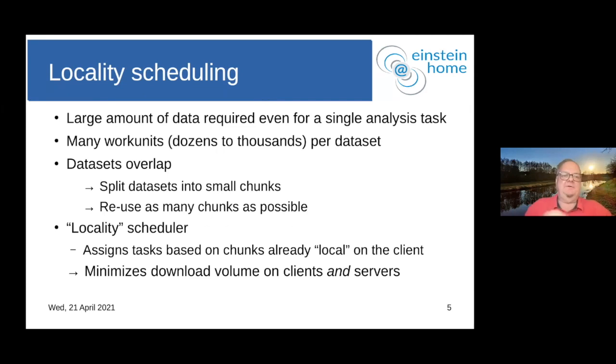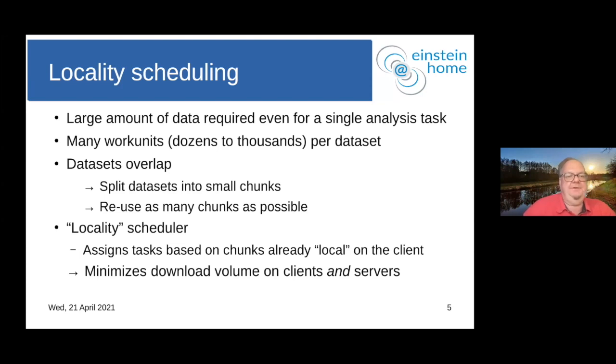One thing special to Einstein at Home is the locality scheduling. We have relatively large amounts of data required even for a single analysis task. On the other hand, we have many work units, dozens to thousands, that are generated per data set, and these data sets overlap.